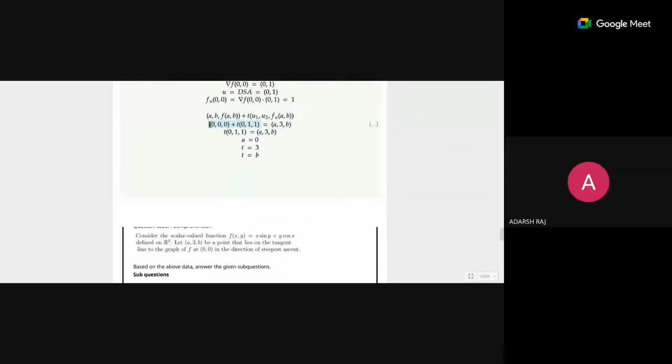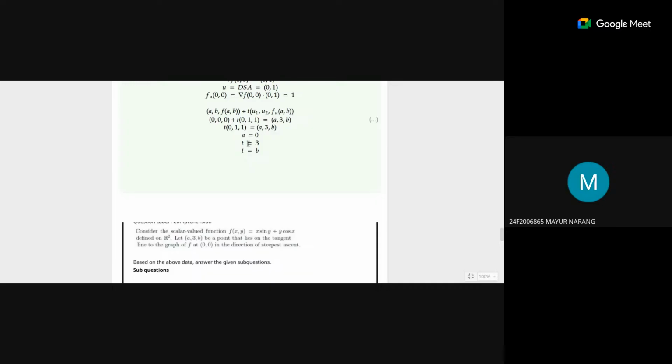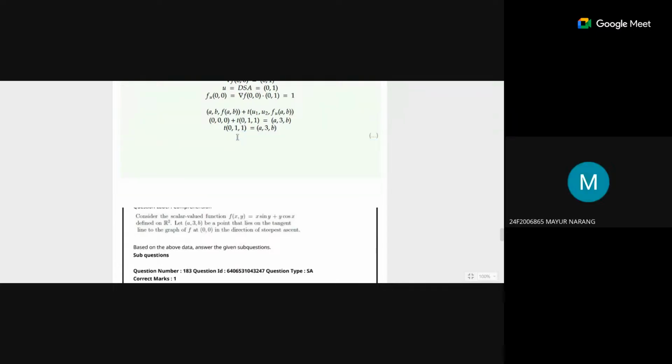So why have we taken t as 3? Basically, we compare the coordinates. So if I take t inside this vector, t times this will be 3. You understand this part? So a 3 b, 3 coming out.